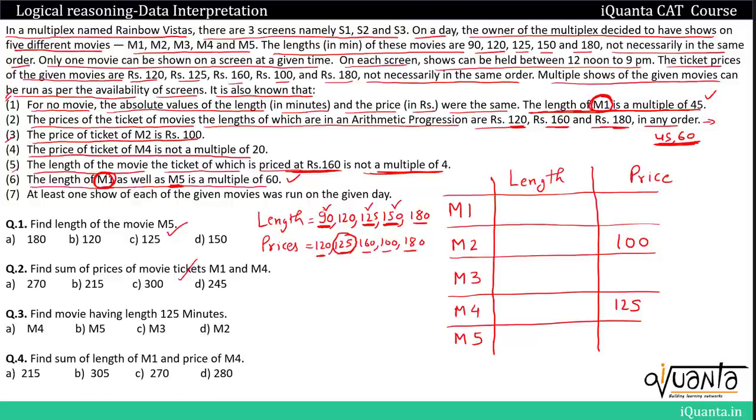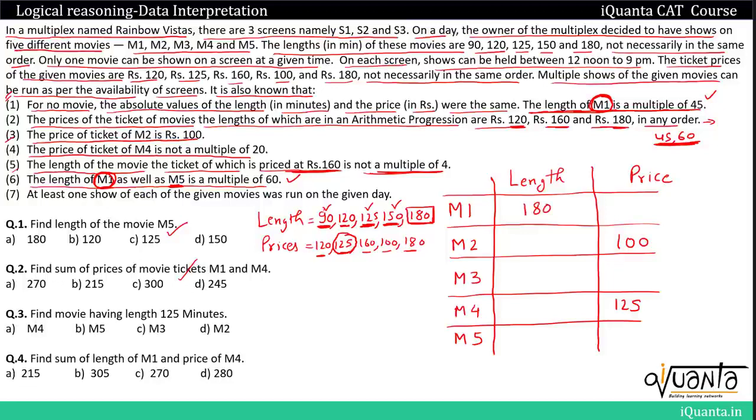So let us find out the length which is both a multiple of 45 and 60. So 90 is not a multiple of both, 120 is not a multiple of both, 125 is not a multiple of both, 150 is not a multiple of both, but 180 is a multiple of 45 as well as 60. So which clearly means that the length of M1 will be 180.